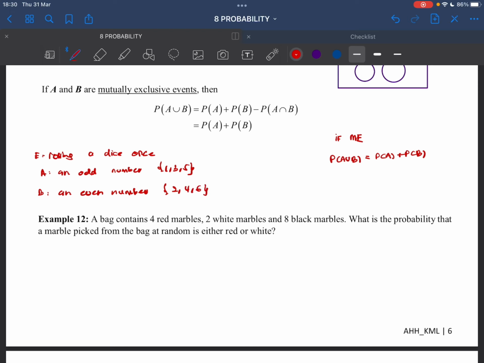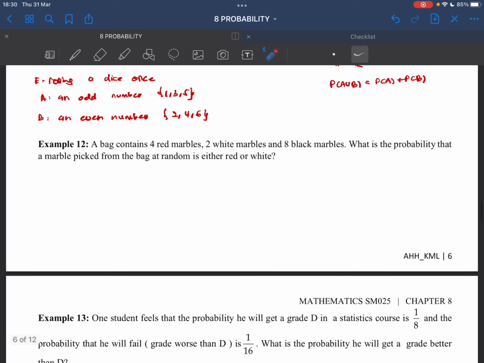As you can see, event A and event B cannot occur at the same time. Obviously, if you roll a dice once, you cannot get both an odd and an even number. That is what we call mutually exclusive. The two events cannot occur at the same time, so A intersect B is equals to 0.